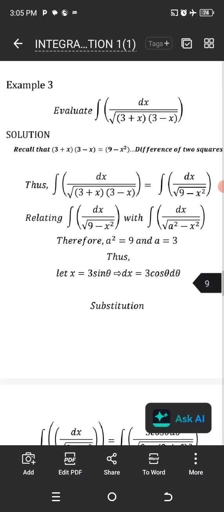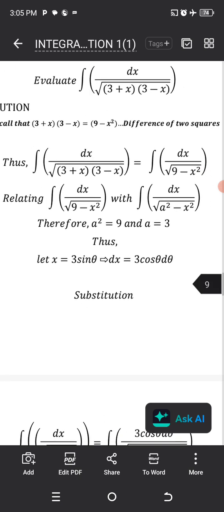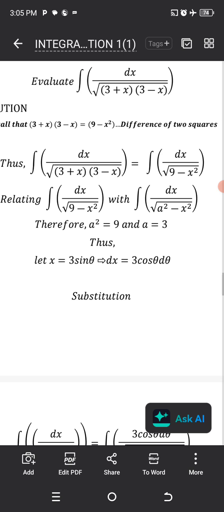So now, making a comparison, the integral of dx over the square root of 9 minus x squared compared with the integral of dx over the square root of a squared minus x squared, we can conclude that a squared is equal to 9.